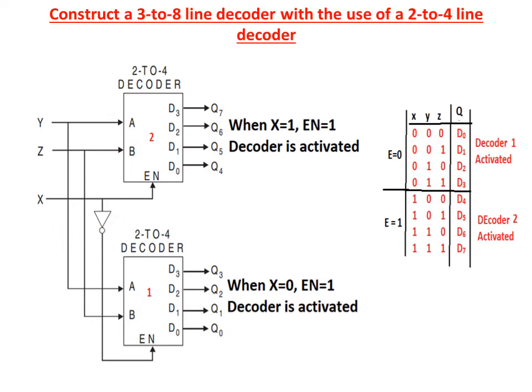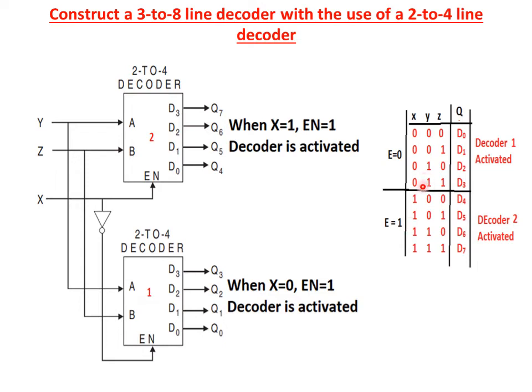So now we are writing the 3 input combinations here. For the first 4 combinations, X is 0. In this case, decoder 1 is activated because we are applying the X input through the inverter. So when X is equal to 0, this point will become 1. So decoder 1 is activated. At the same time, decoder 2 is deactivated.